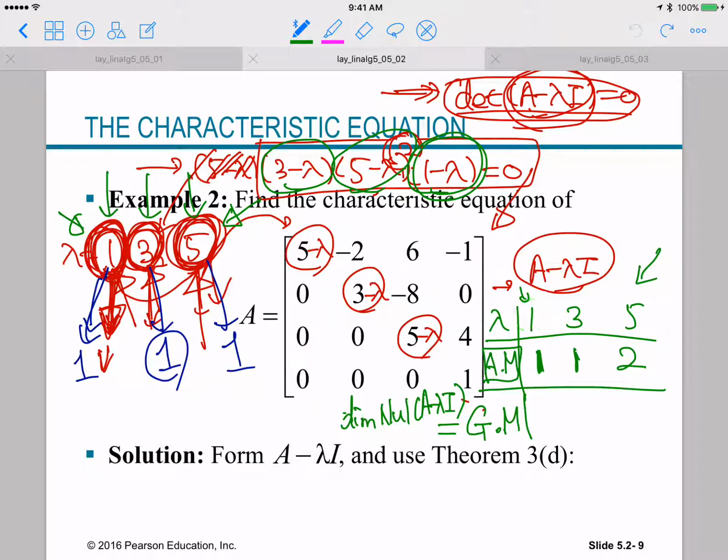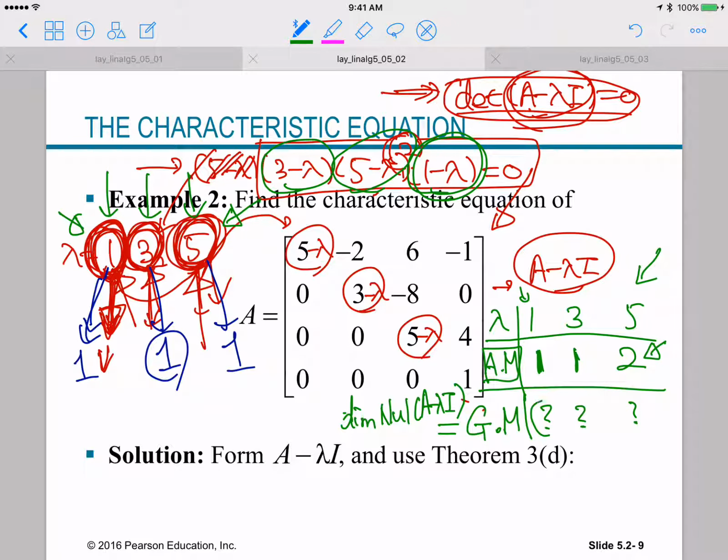These three values will be at least 1, or greater than 1. But the maximum value is bounded by the algebraic multiplicity. That is a really important property, but I will not prove this. Let's just take it as granted.